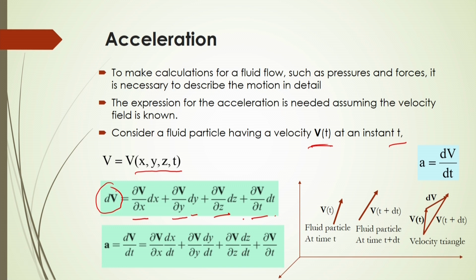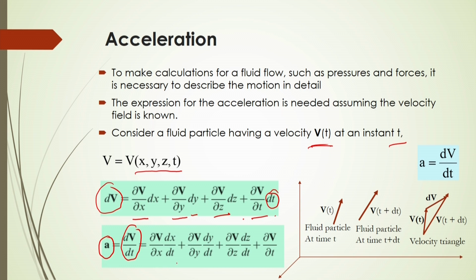In this case, if we divide this by dt on both sides, then we get dv by dt, which is actually the acceleration of the fluid. Now, this will be dou v dou x into dx by dt plus dou v dou y into dy by dt plus dou v dou z into dz by dt plus dou v by dou t.